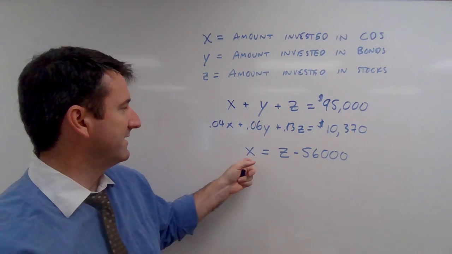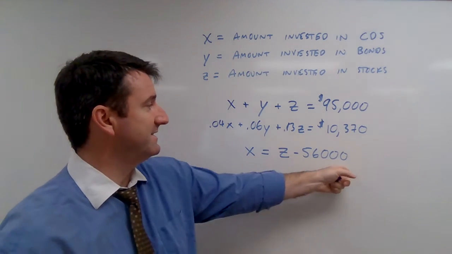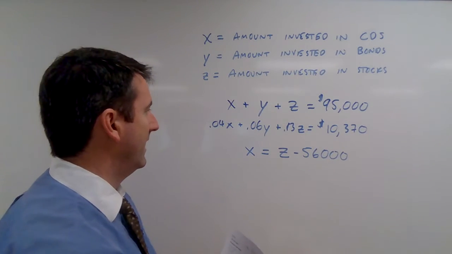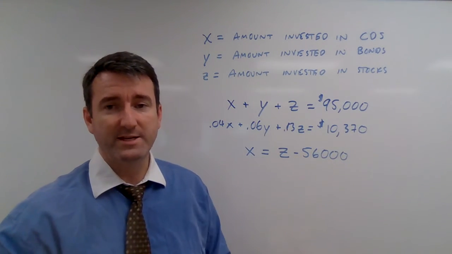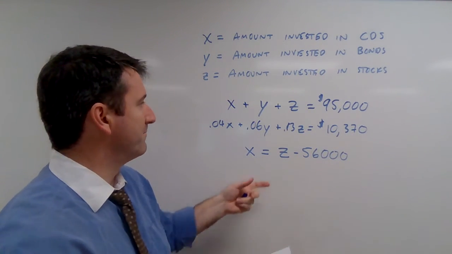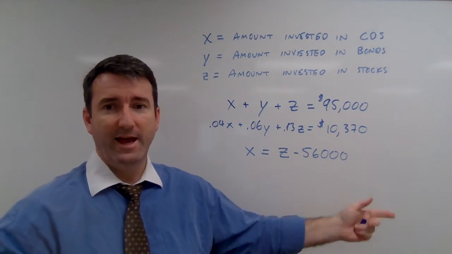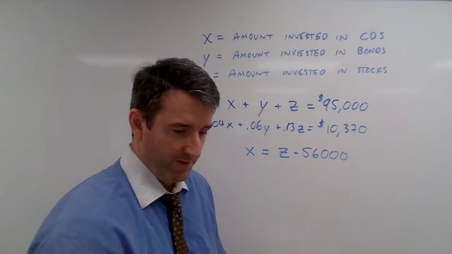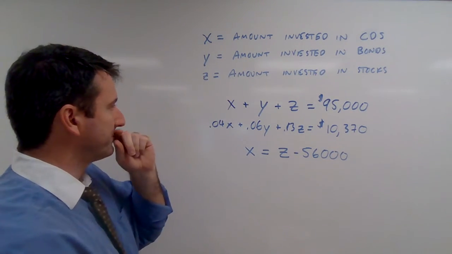So the amount invested in CDs is $56,000 less than the amount invested in stocks. Now we've got our three equations, and we can put this into a matrix and use the matrix to solve this system of equations.